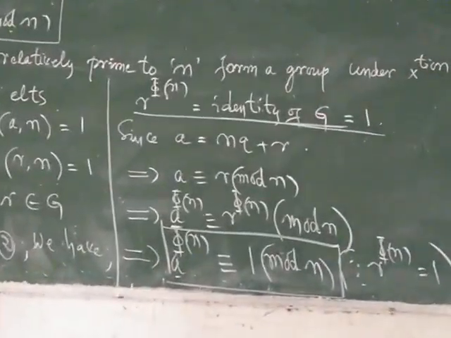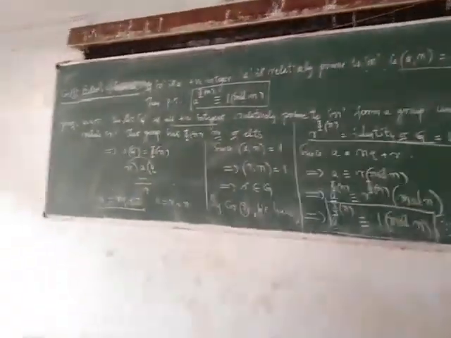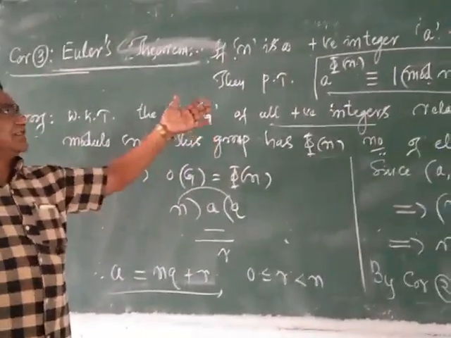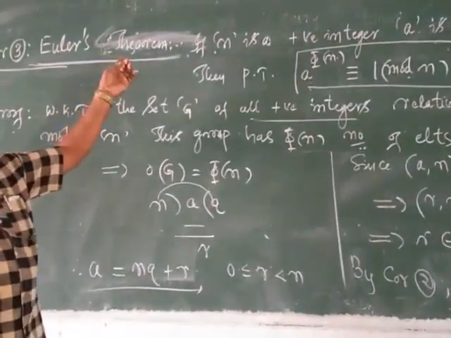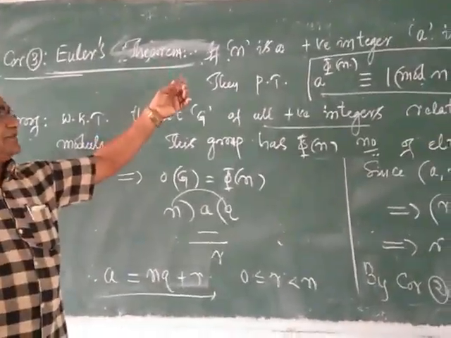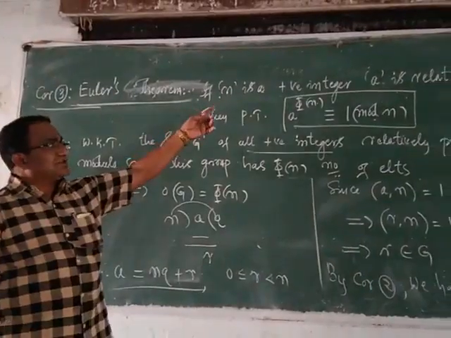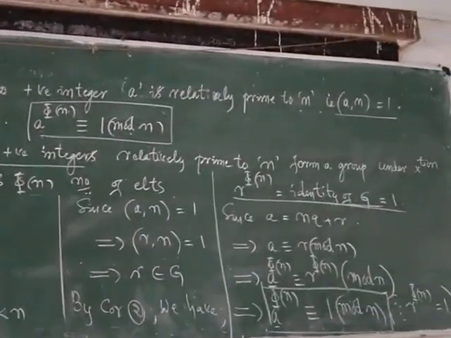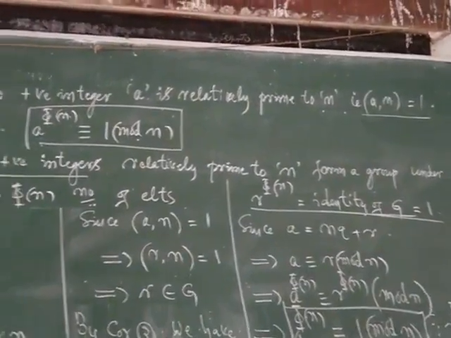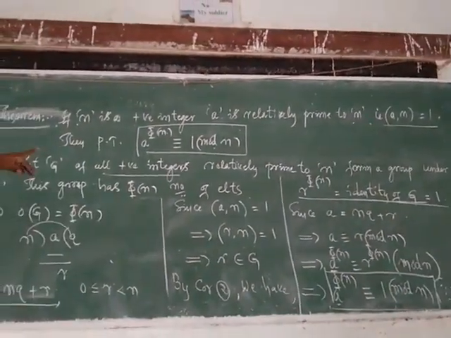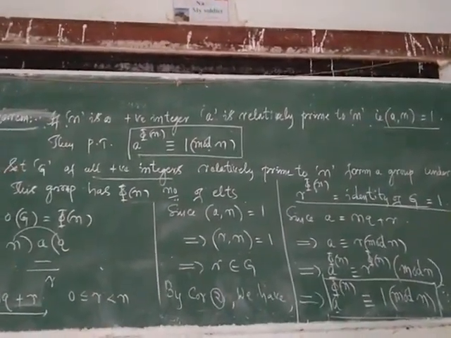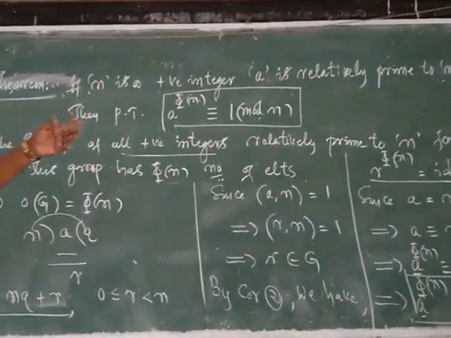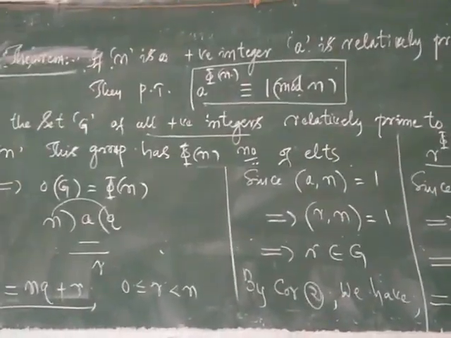Once again, I would like to explain this. Corollary number 2 is called Euler's theorem. It states that if n is a positive integer and A is relatively prime to n, that is, the greatest common divisor of A and n is 1, written as (A, n) = 1, then A to the power phi n is congruent to 1 mod n.